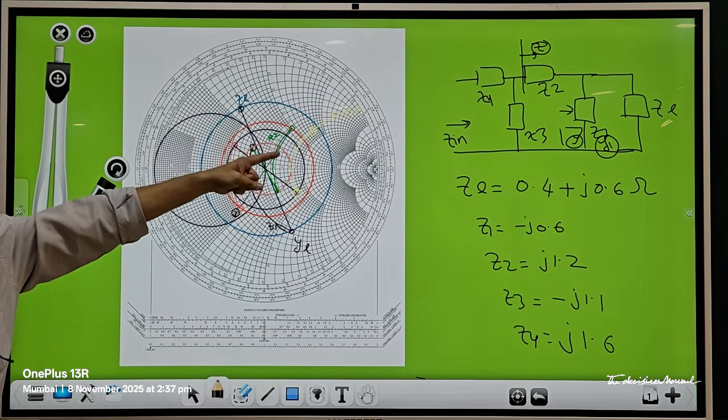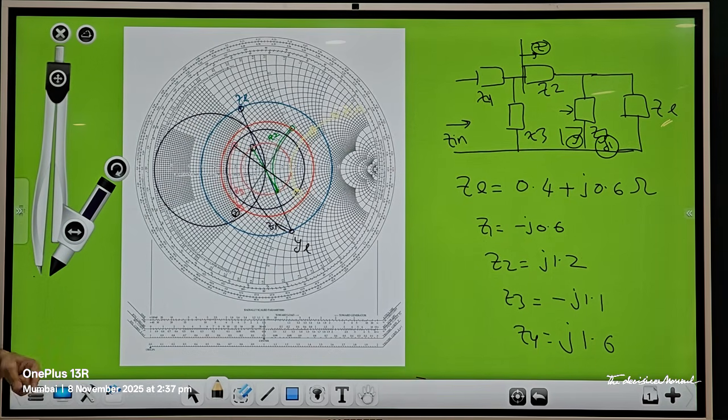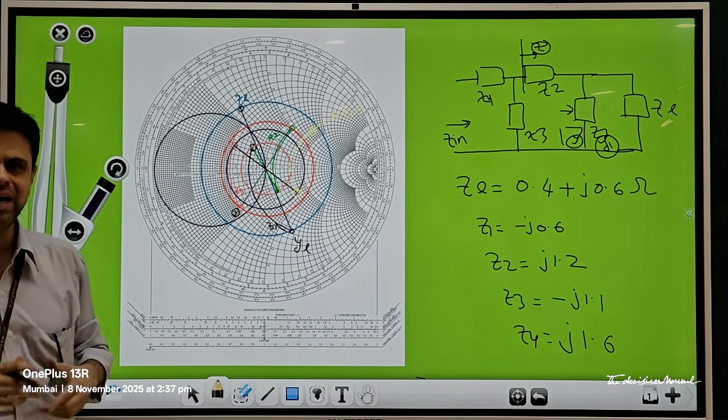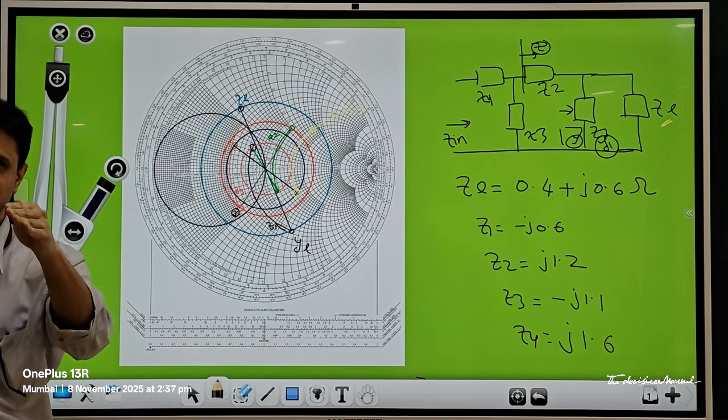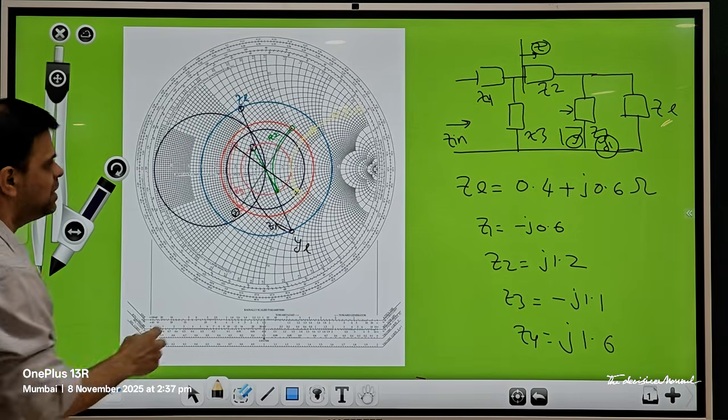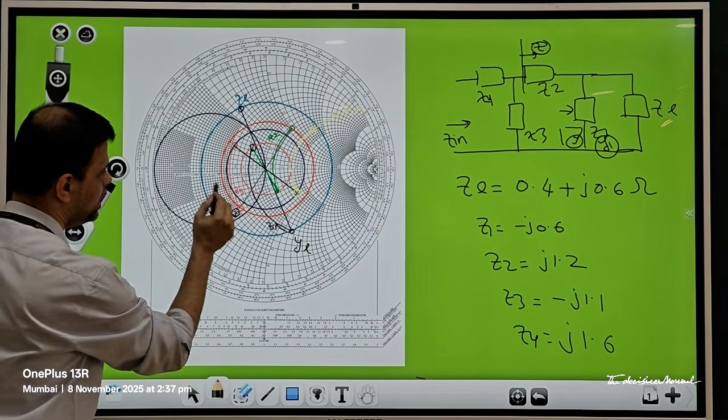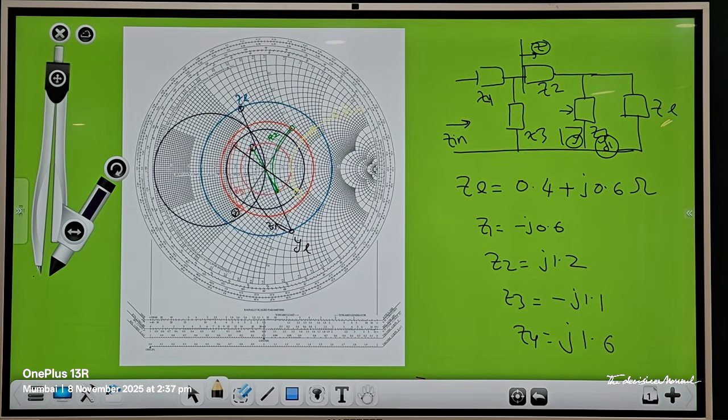So now I am going to add element Z3 in parallel. You calculate 1 upon Z3 as Y3 and then locate the corresponding R circle for that.